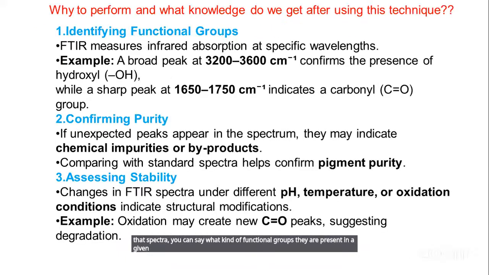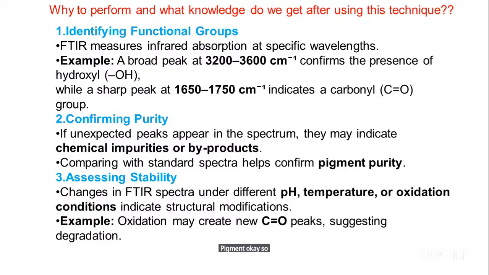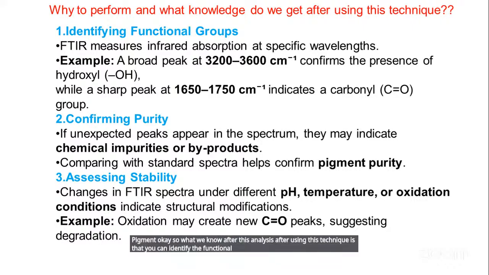So what we know after using this technique is that, first, you can identify the functional groups, as I have told you, depending on the peaks. Second, you can confirm its purity status.